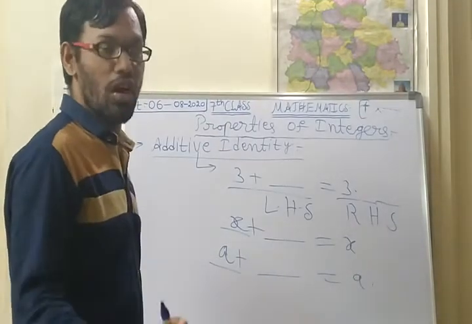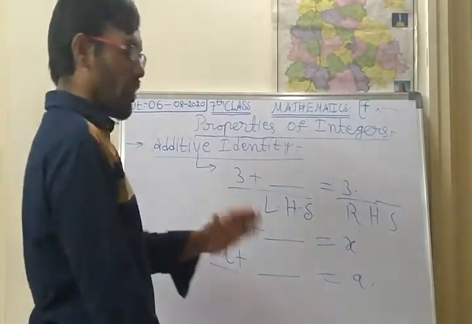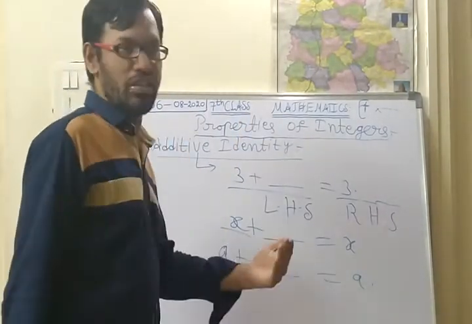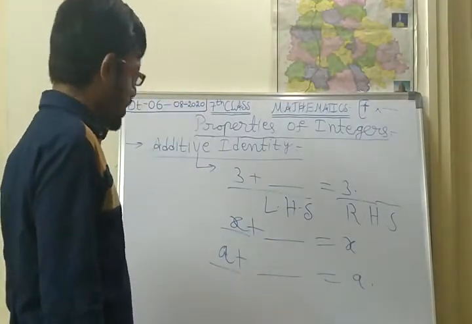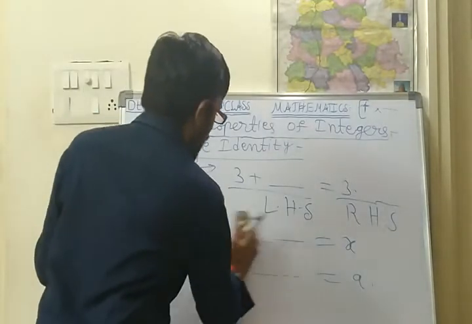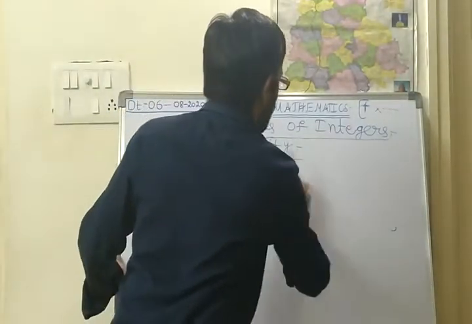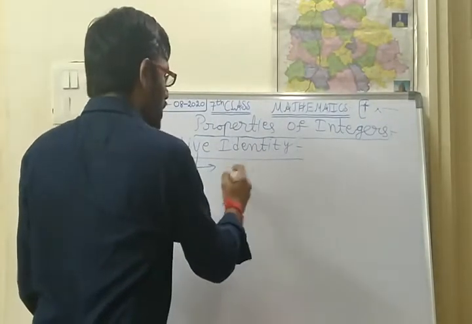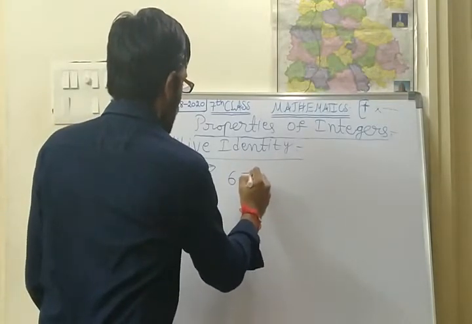I hope you are understanding this very easily. If you have any doubts, please recall my class so you can understand. Now we shall see 3 plus something is equal to 3. Suppose instead of 3, as you are grown up children, we shall take some big number like 67.